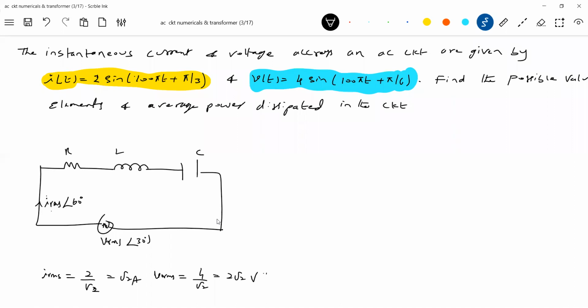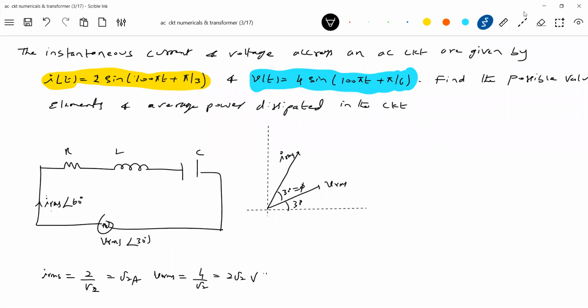And what is the phase angle of the circuit? So let's search for the phase angle of the circuit. So this is the current. So this should be the phase angle. Immediately it's an RC circuit.